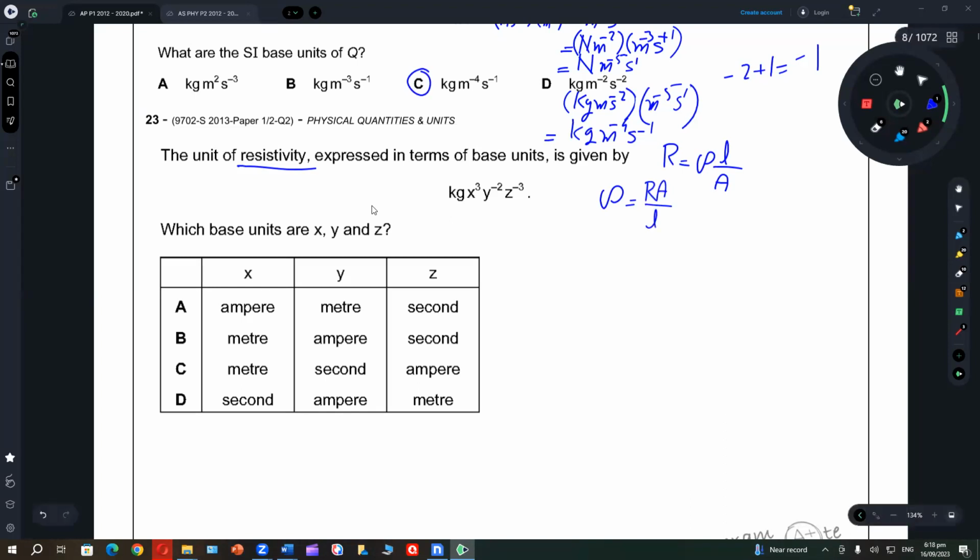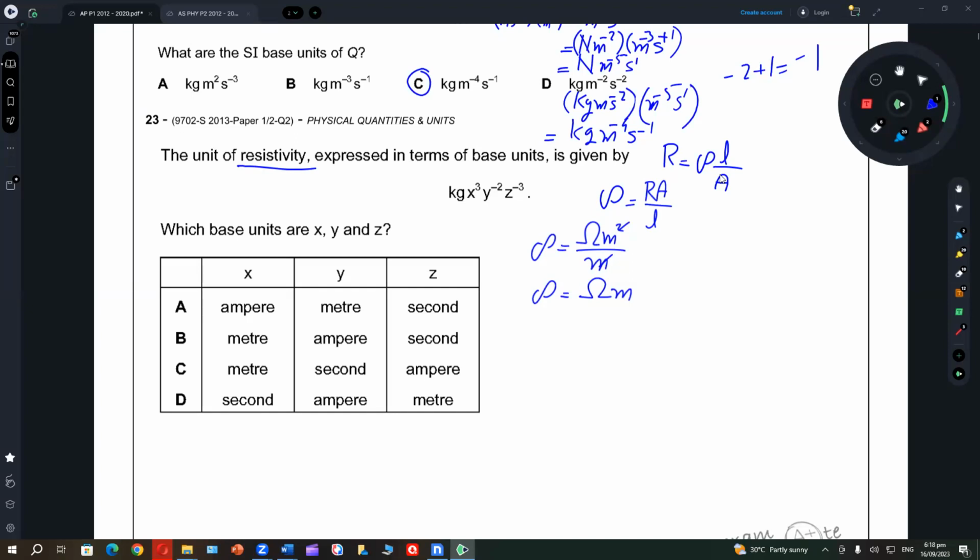Look at the formula for resistivity. I have worked the first two steps.